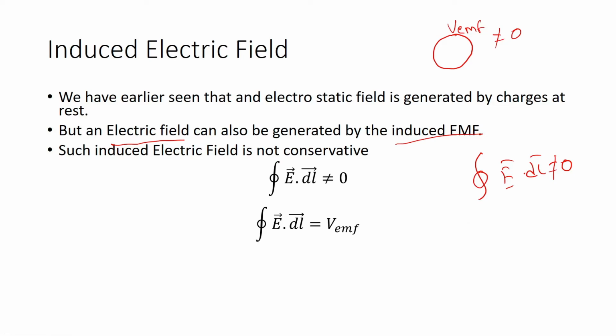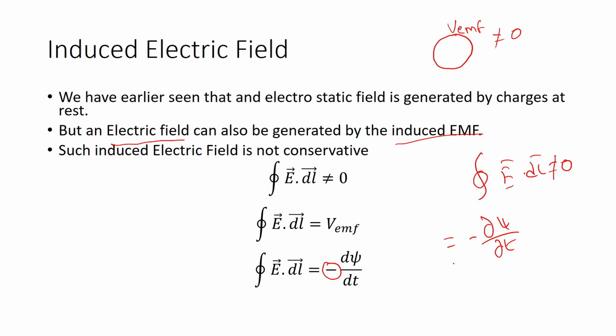But from Lenz's law, we have already seen that VEMF is equal to minus d psi by dt. So I can write that the closed path integral of the induced electric field is equal to the negative of the change in flux linkage, where the negative sign signifies that it opposes the change in flux linkage.